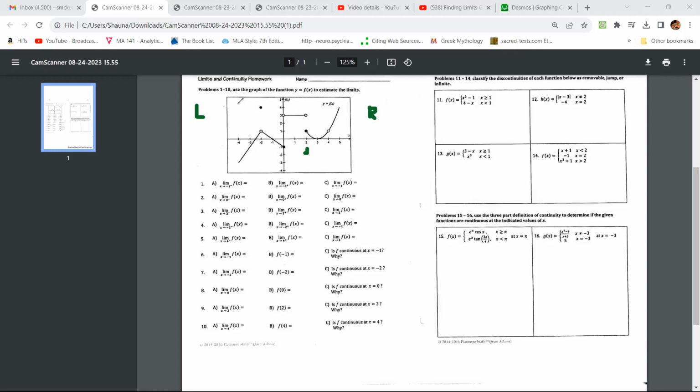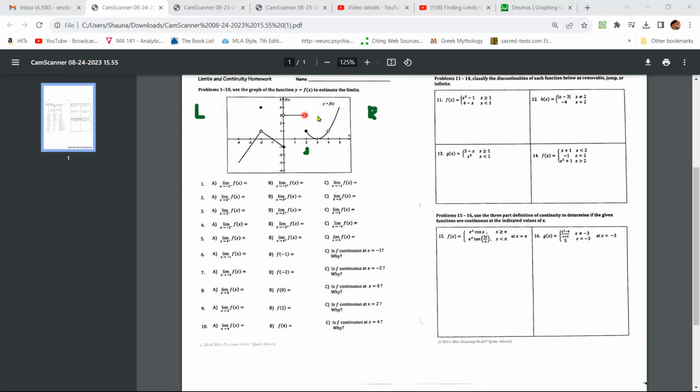So what it means is we're going and then we're approaching 2. Now here we are at 2. From the left, what are we getting close to? 3. Yes. Even though it has a hole right here, that limit is 3, isn't it?